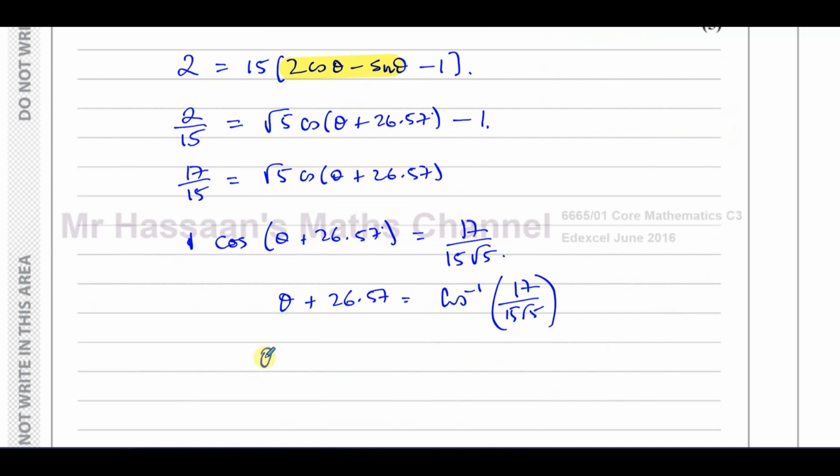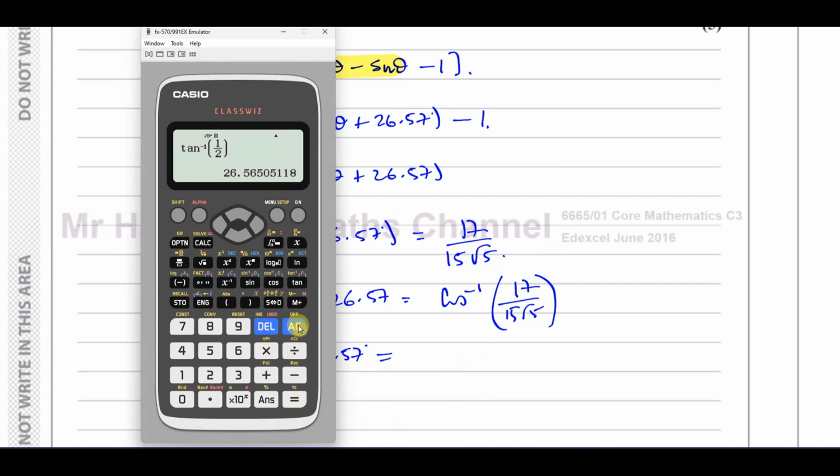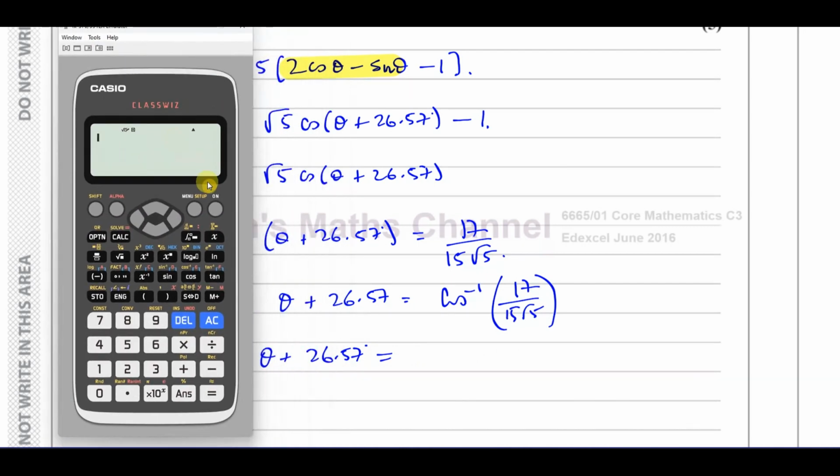So we have theta plus 26.57 equals, now the first angle, the principal solution, is given when you find inverse cosine, and we're in degree mode, yes, of 17 over 15 times root 5.